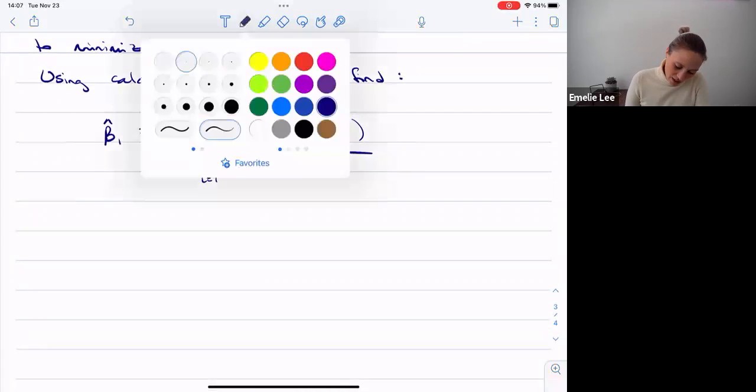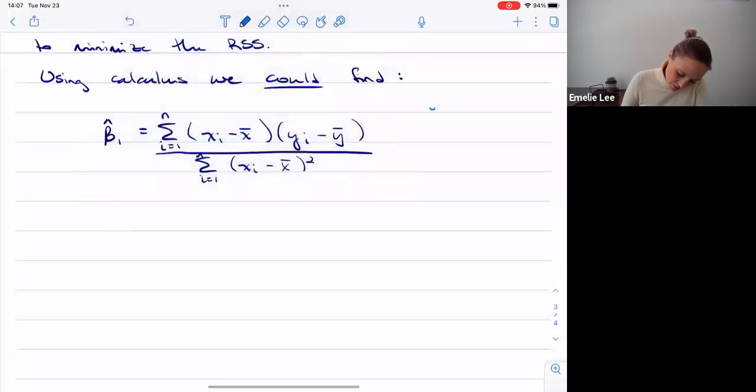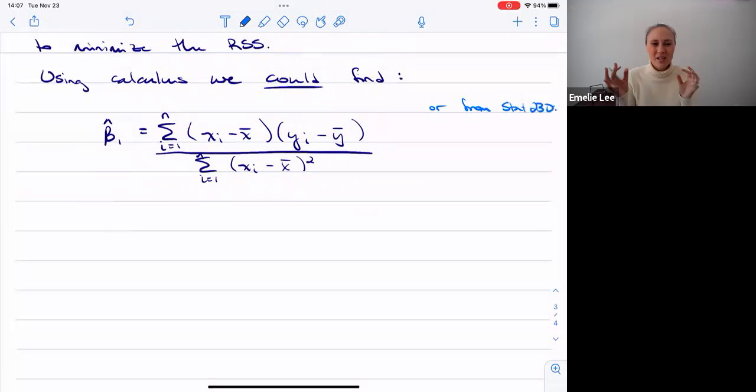Okay, so this, or from Stat 230, depending on how far you got, I haven't actually looked at the regression notes. I can't remember how far you got, but that's okay.